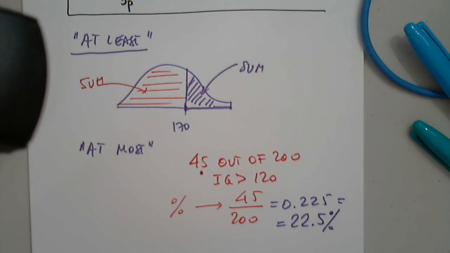Did any students have an IQ of 162? C, no. Of course, thank you very much. No, because there are no bars or frequencies greater than an IQ of 160.